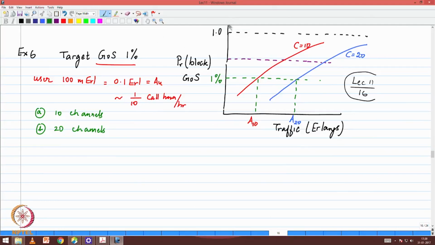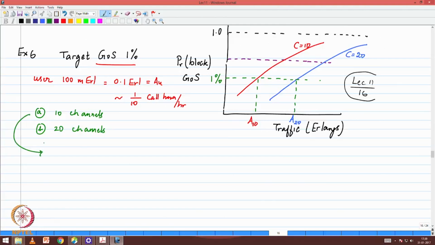So I go to the graph of blocking probability versus Erlang traffic, the Erlang B graphs. I take the 1% line, take C equal to 10, and drop to the x-axis. That is the total traffic I can carry with 10 channels at 1% blocking probability, which comes out to be 4 Erlangs.